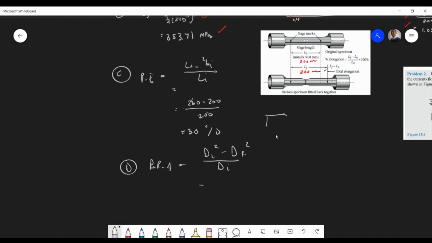If you think about it, if we had two specimens like this, cut it up like that, forgive my poor drawing. And we apply a load, and eventually as you pull it, it gets very thin.